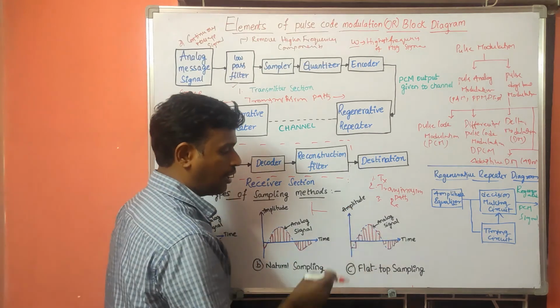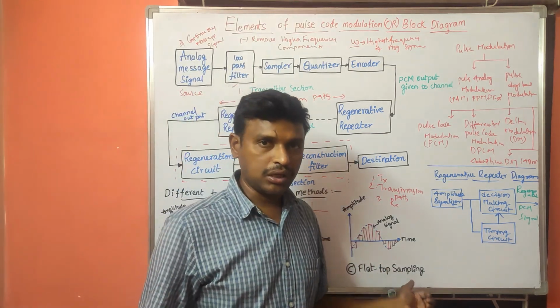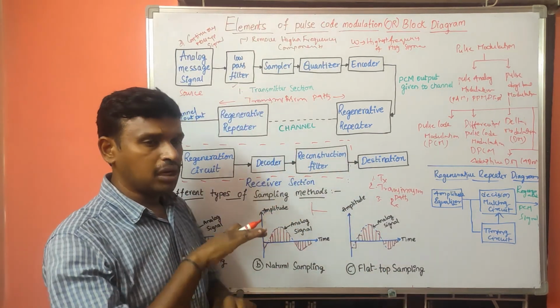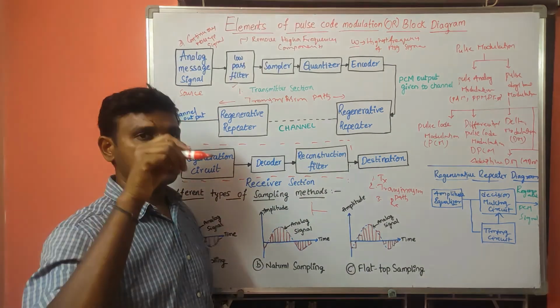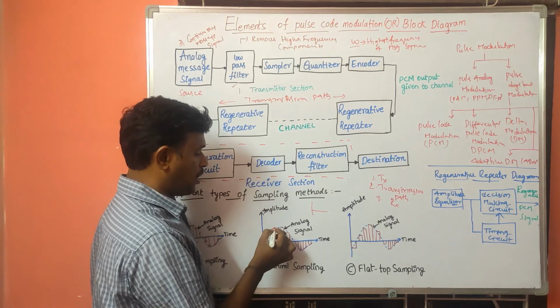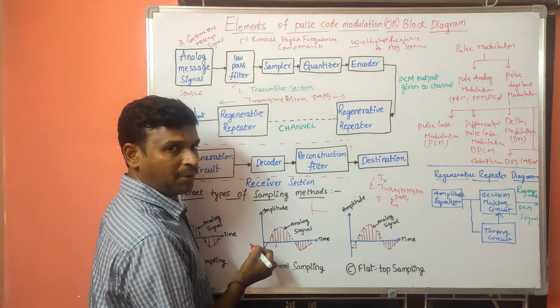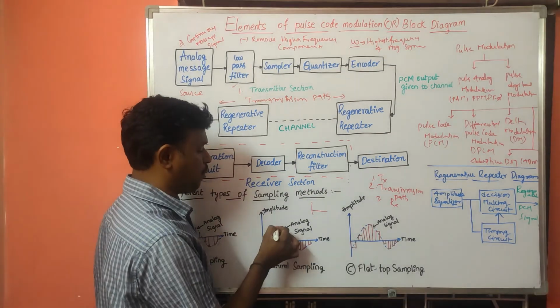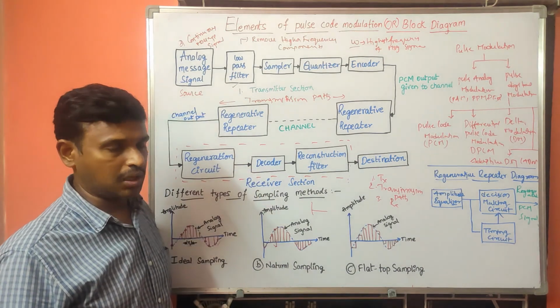But here we have flat top sampling. Flat top sampling means there are no ups and downs. If you consider this sample in natural sampling, at this point we have some amplitude, and at this point we have another amplitude for this sample.